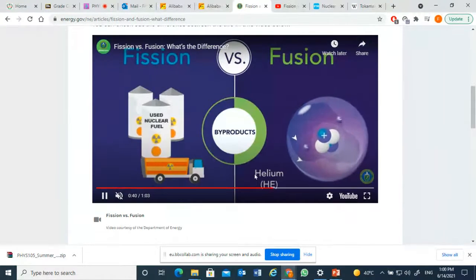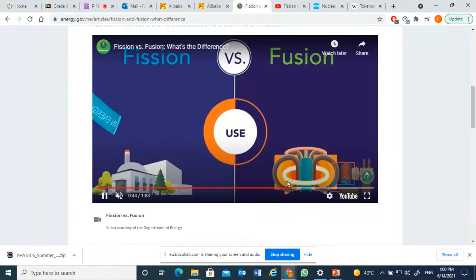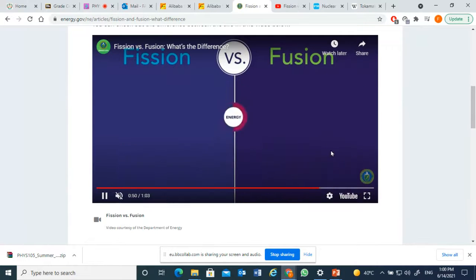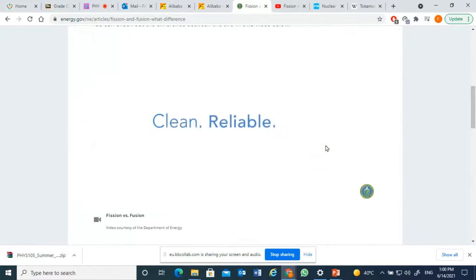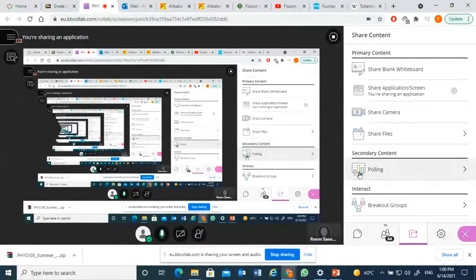Here you're producing helium in fusion. But this is already, we use in nuclear reactors, but this is under development. This is what we get. With the fusion, we get more, greater energy. So now there is a push for fusion energy.